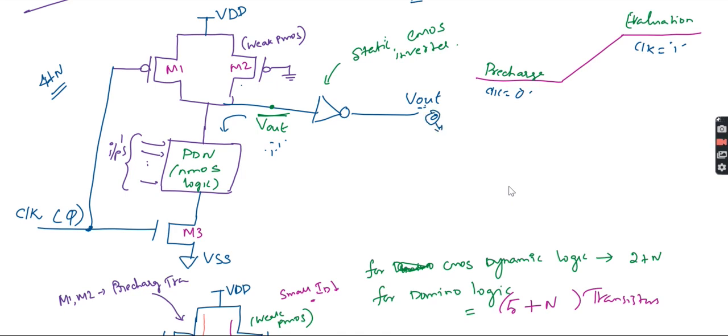For that purpose, this transistor is always on. If the node keeps on trying to discharge, this capacitor will maintain a stable state; it will maintain logic 1. That is the reason we are using the weak PMOS.